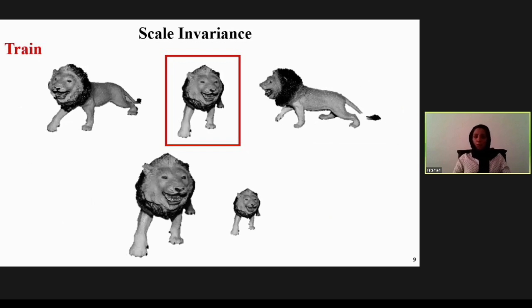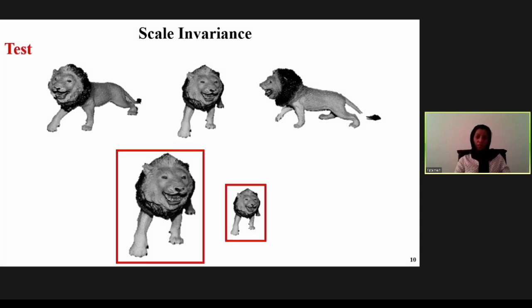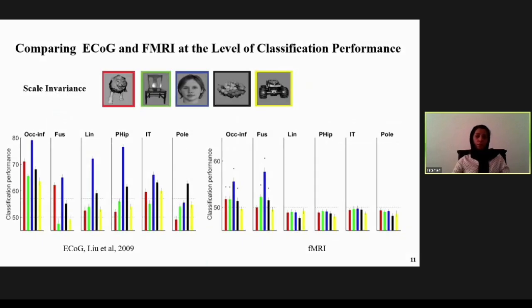To examine scale invariance, we trained the classifier with the images in the size of 3-degree visual angle and tested with the resized ones. This is the average classification performance across different scales.